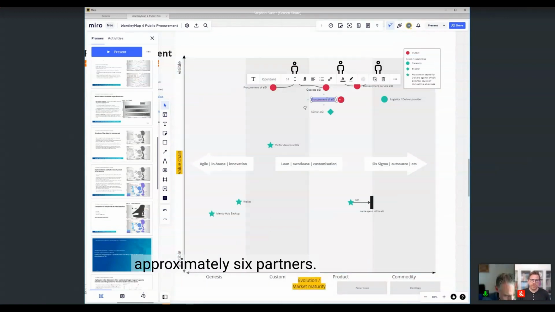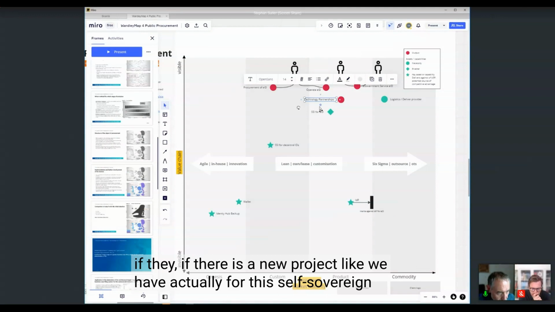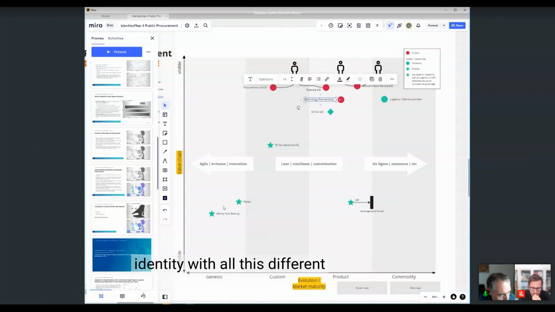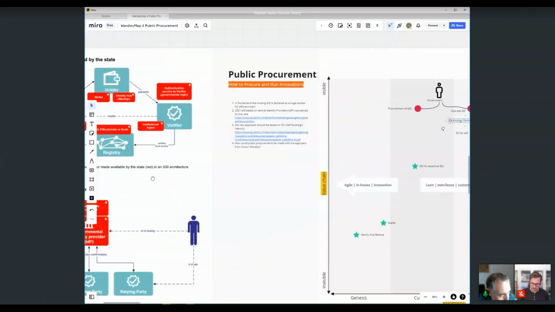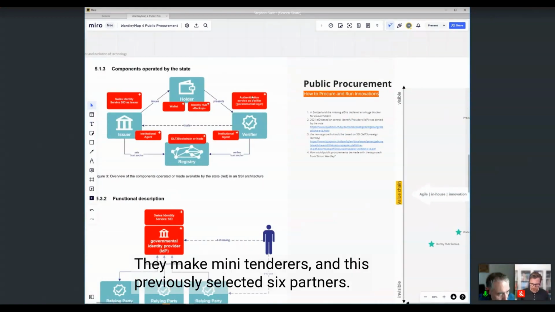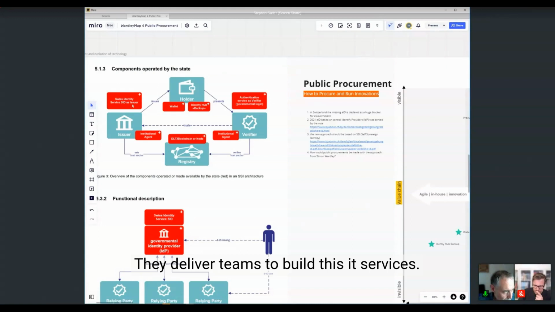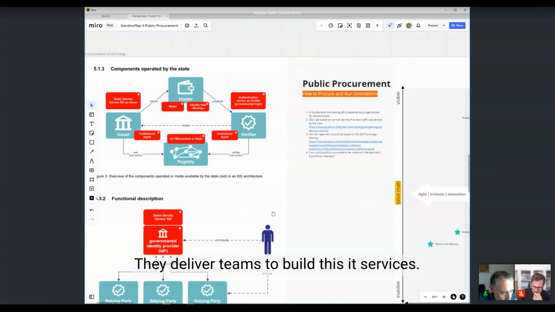They find approximately 6 partners, and with this partnership, if there is a new project like we have now for this self-sovereign identity with all these different components which must be built, they make mini tenders, and these previously selected 6 partners deliver teams to build these IT services.